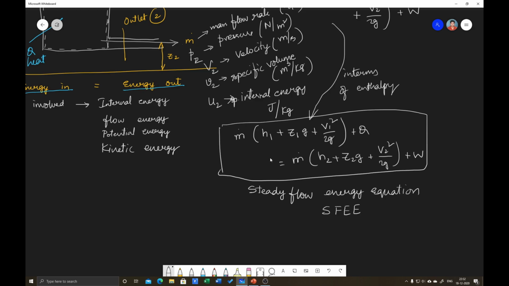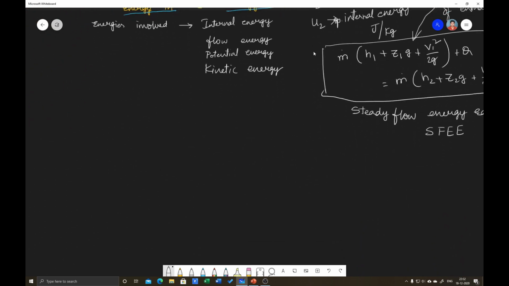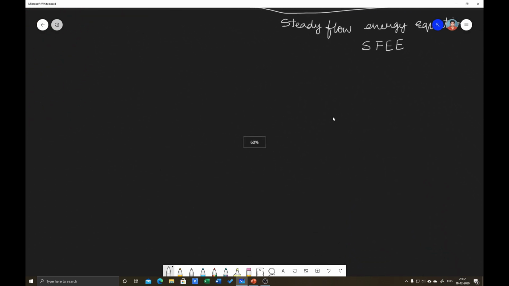Okay. So now we will discuss what are the applications of the steady flow energy equation. So we will apply it to different appliances used for heat and work conversions.